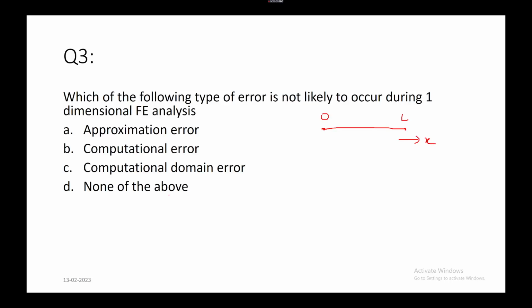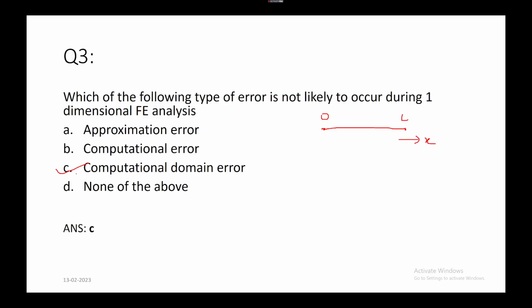You can just take a guess if you are not sure also. That's not a problem. Sir, C, computational domain error. Okay, computational domain error. Okay, so let us see the answer.